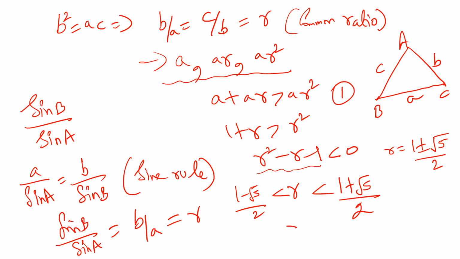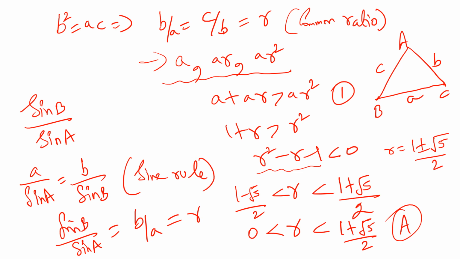So from here we conclude that r should be greater than 0, because 1 minus root 5 is just a negative value. So I am taking r from 0 to 1 plus root 5 by 2. I am calling this inequality number A. This is the first interval for r that I have got.